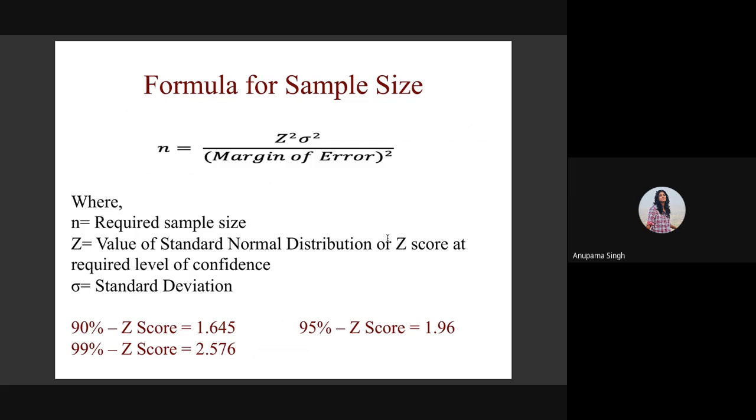For example, if someone says that the average height is say 5.6, and you want to test it, so what you do is the population parameter is given as 5.6 and your sample mean is hypothetically supposed to be 5.3.